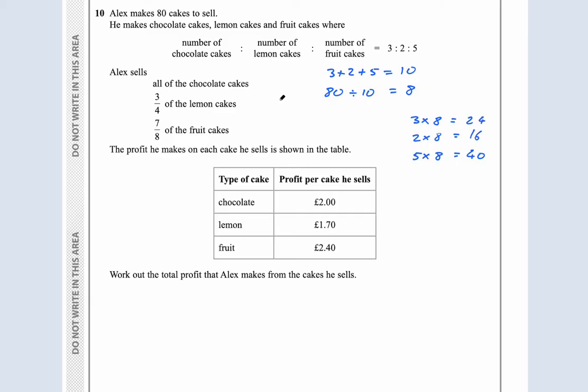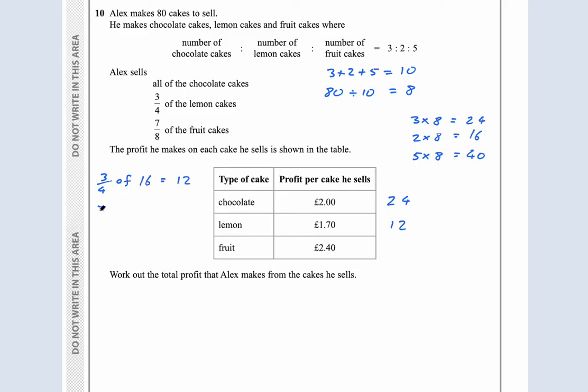He sells all of the chocolate cakes. So let's say chocolate, he sells all of them. All of 24 is 24. He sells 3/4 of the lemon cake, so 3/4 of these, which is 12. That's because 3/4 of 16 equals 12.